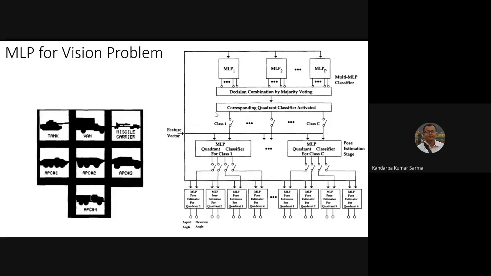Then they have further used more features, and then reinforced the decisions that have come from this particular structure. So to make the decision very strong, very reliable, very fruitful, they have combined multiple multi-layer perceptrons in different configurations and have reinforced their decisions.